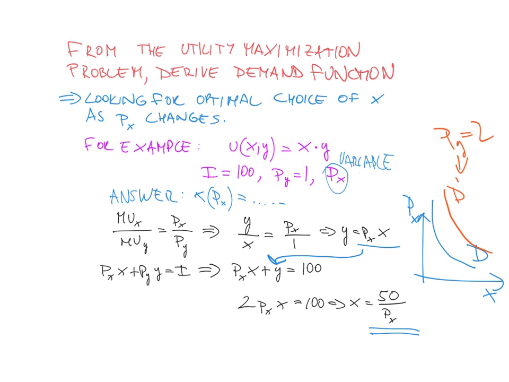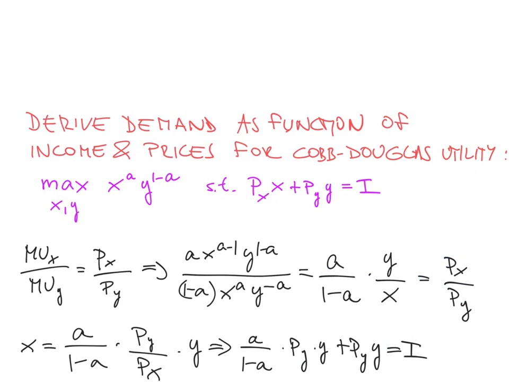Okay, so my point is, we had to go through this whole thing to see what happens to the demand for x when you change the price of y. When we derived the demand curve in the previous problem, I actually told you what income is, and what the price of the other good y is.